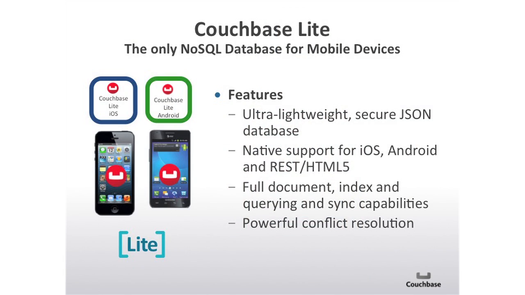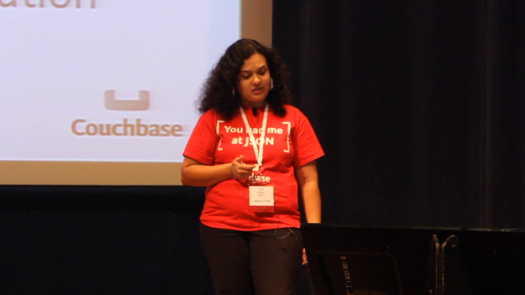So let's actually take a look at some of the features. What does Couchbase Lite include? What are the key features, and why does it matter? First, it's ultra lightweight, so very small footprint. It's secure JSON, so on iOS, for example, it's built within the container of the operating system.